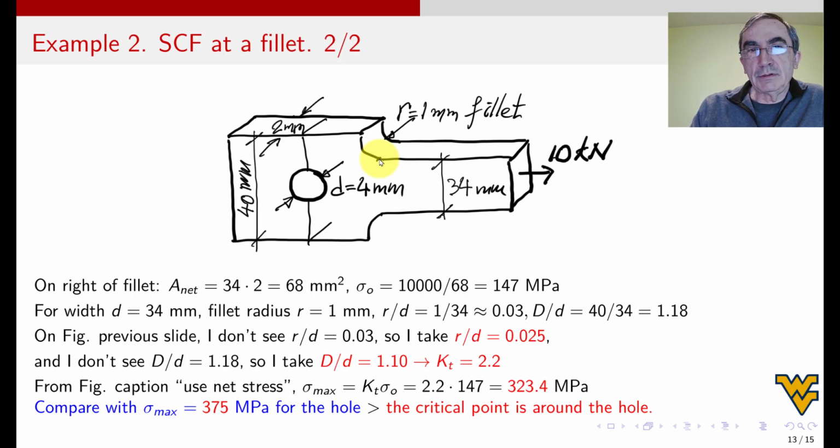But from the previous case, for the hole, I got 375. So forget this number because the hole, in this case, controls. The critical point is around the hole. So if I ask you to calculate where the bar is going to fail, you have to say here, because the stress is 375, not 323, provided the material is brittle, as we will explain in the next video.